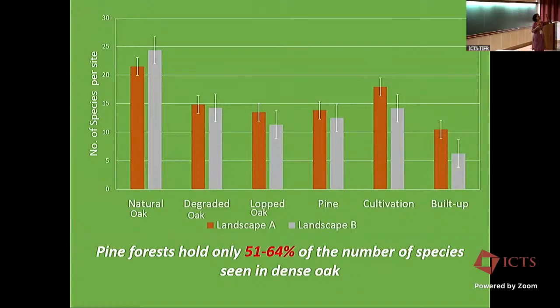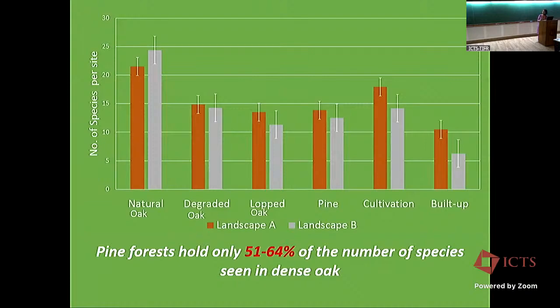So point counts done over space, right? It was only 10 in case of landscape B and 23 in case of landscape A. So that's a good point. The more you sample, the more you're able to bring down your variance. And that's pretty much a thumb rule in ecology or in any other science.